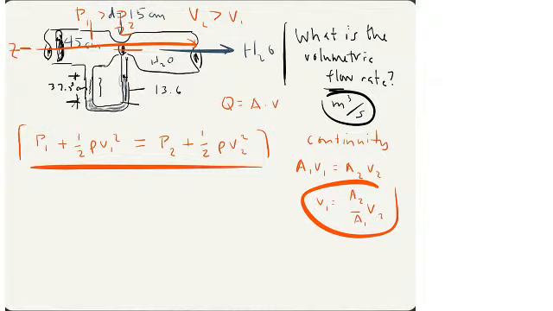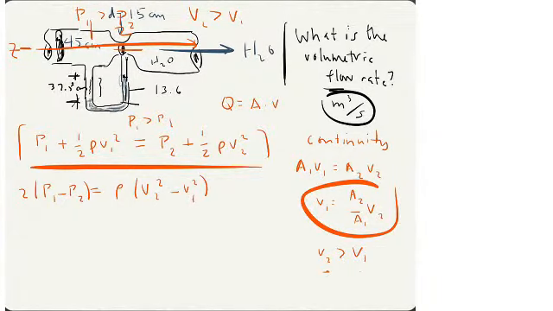So we're expecting velocity 2 to be greater than velocity 1, and pressure 1 to be greater than pressure 2. So I'm going to say 2 times the pressure difference, P1 minus P2, is equal to rho times V2 squared minus V1 squared.